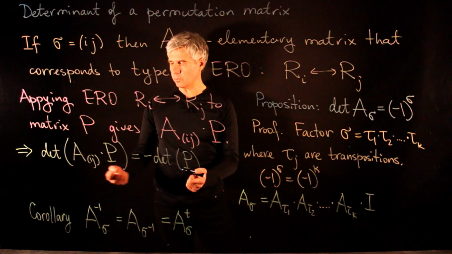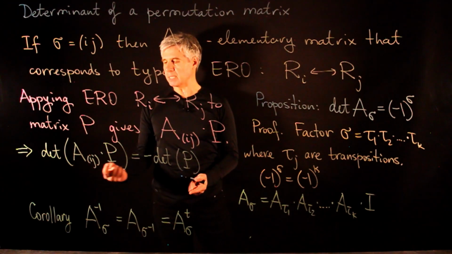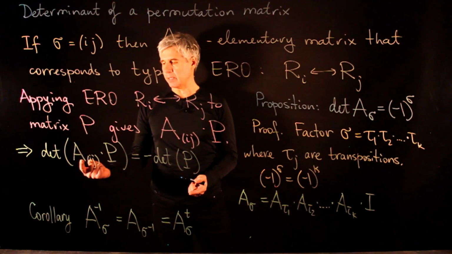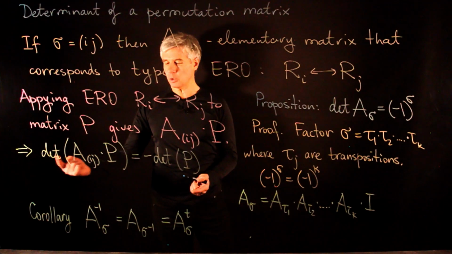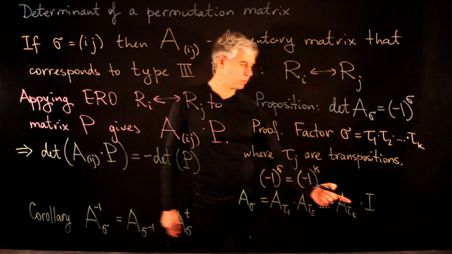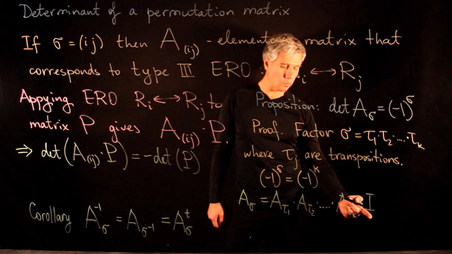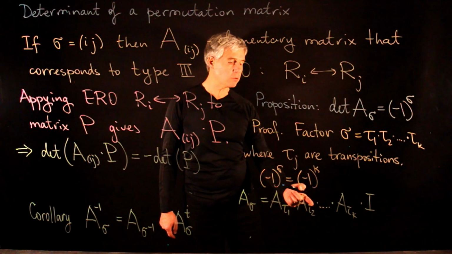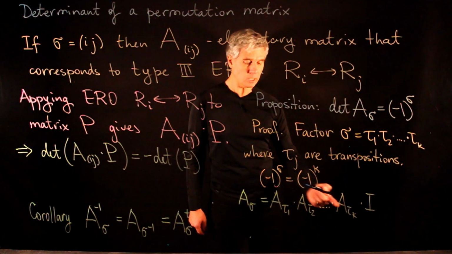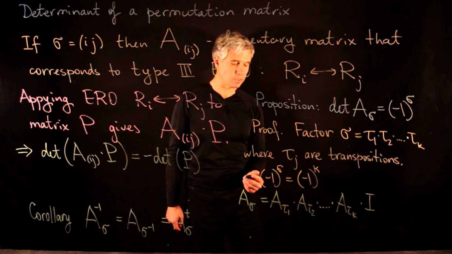Then let us look at this formula. So this formula tells us that if we multiply P by a permutation matrix that corresponds to a transposition, then the determinant will switch sign. Here we start with the identity matrix, which has determinant +1, and then we multiply k times by permutation matrices of transpositions. So we are going to switch the sign of the determinant k times.